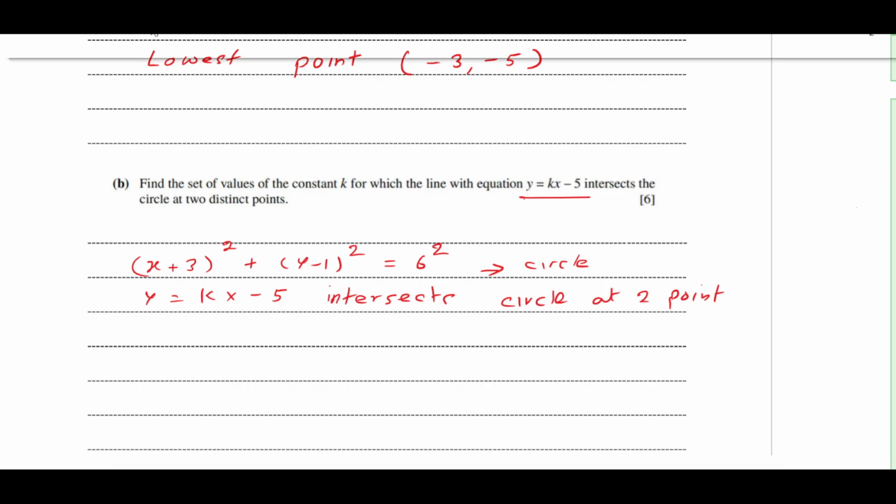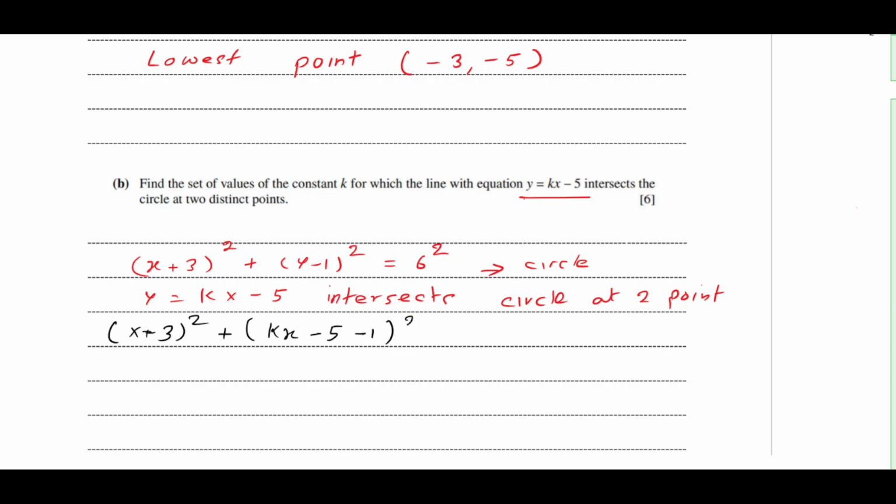Therefore here x plus 3 the whole square plus, now y will be replaced by kx minus 5, and then minus 1, this whole square equals 6 square, which is 36. So it is x square plus 6x plus 9 plus k square x square, now minus 5 minus 1 is minus 6, so it is minus 12 times kx, plus 36 equal to 36.